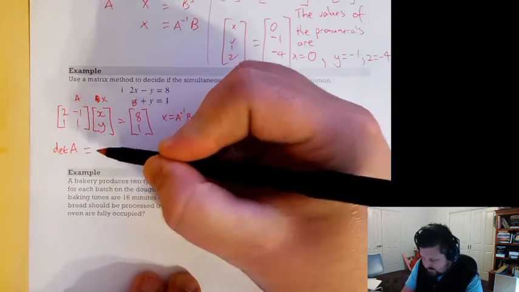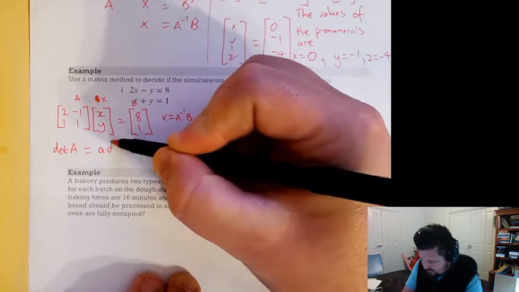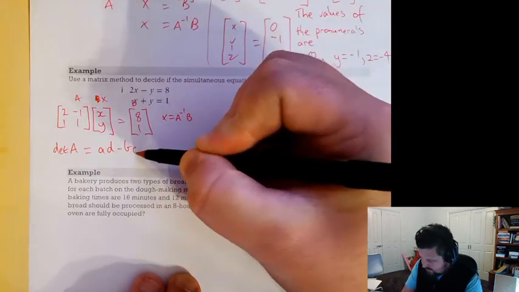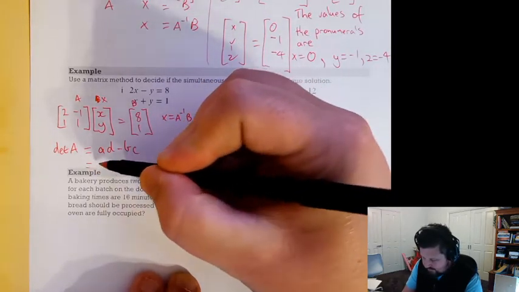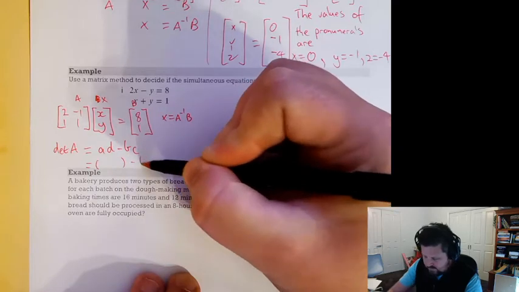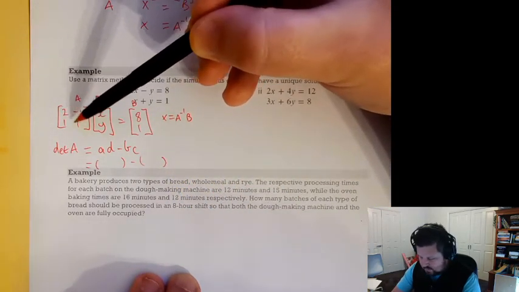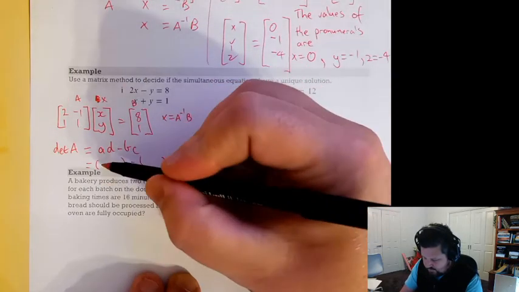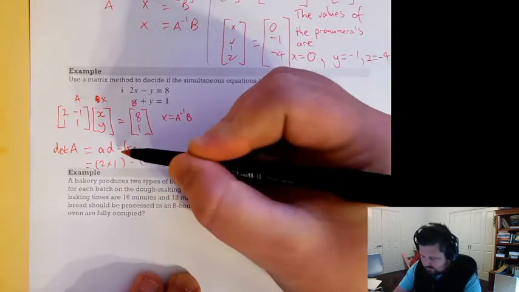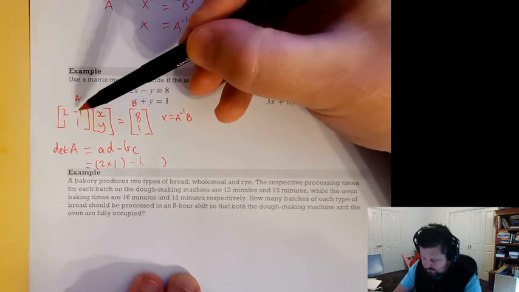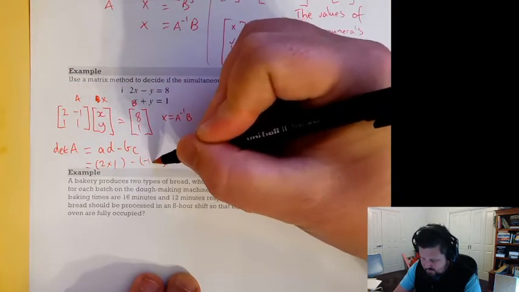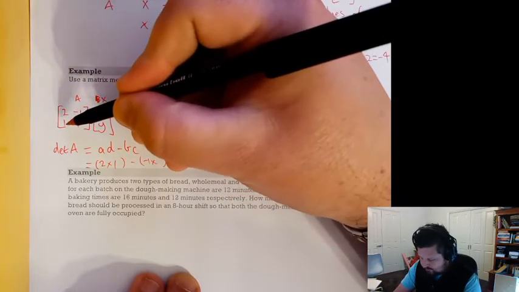remembering that it is AD take away BC. So in this case, A was 2 and D was 1. So 2 times 1, take away B, which is -1, times C, which is +1.